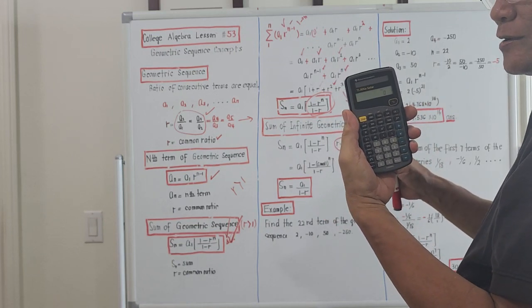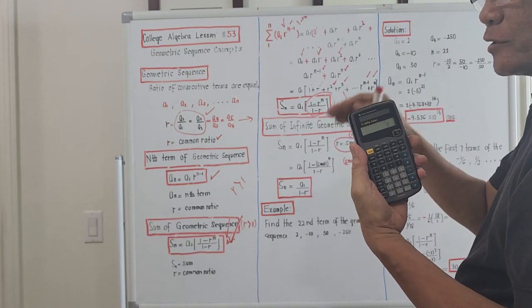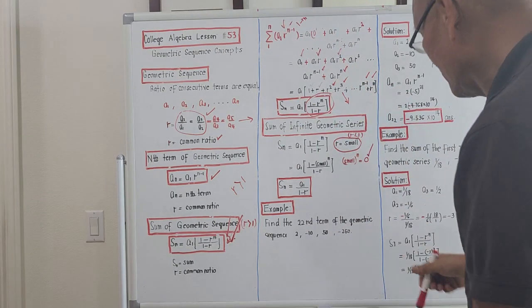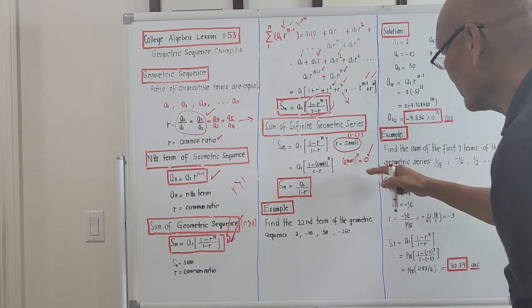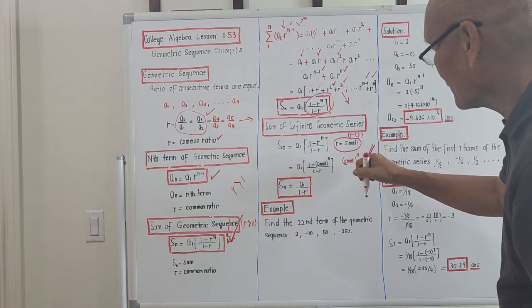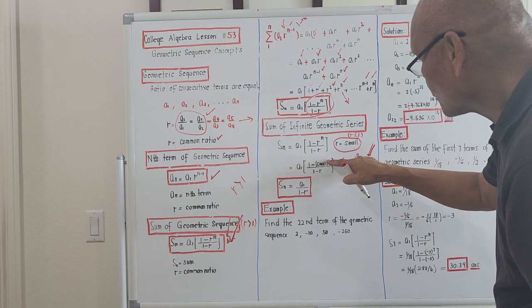So meaning to say, if the value of r is very small and we raise that to an infinite number, meaning a very big number, whether we like it or not, the value of that small number raised to a big number will be 0. So from the given equation, if this is a small number raised to a very big number, this will disappear.